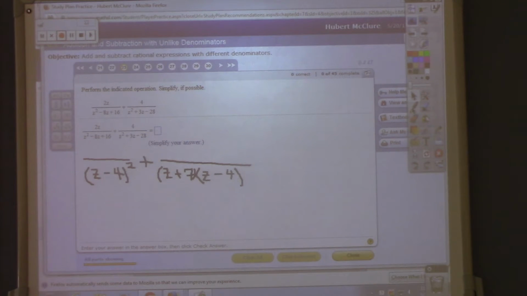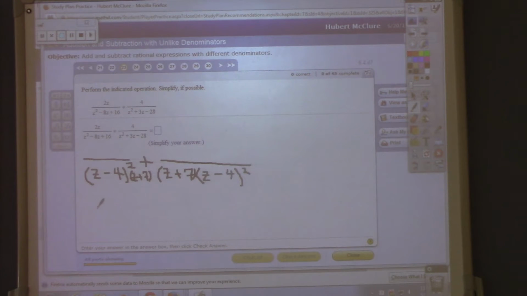So the common denominator is z minus 4, quantity what? Square. Times z plus 7. So put a square right here and put a z plus 7 right here. And that's the common denominator. Alright. So z plus 7 is missing in the first one.